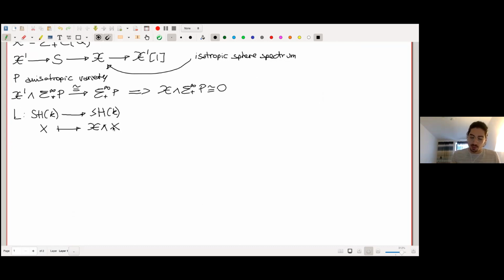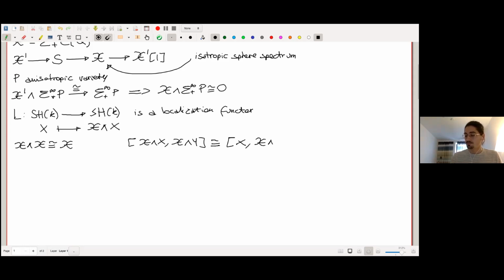One can prove that this is a localization functor, and this is essentially due to the fact that chi is an idempotent in the stable motivic homotopy category.